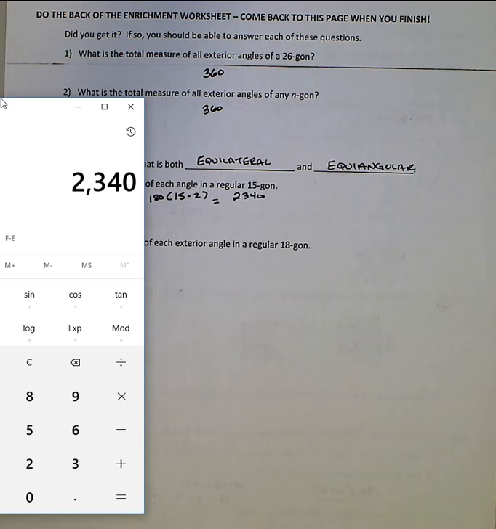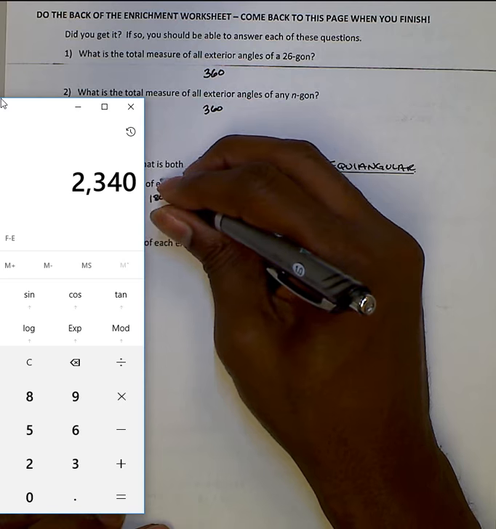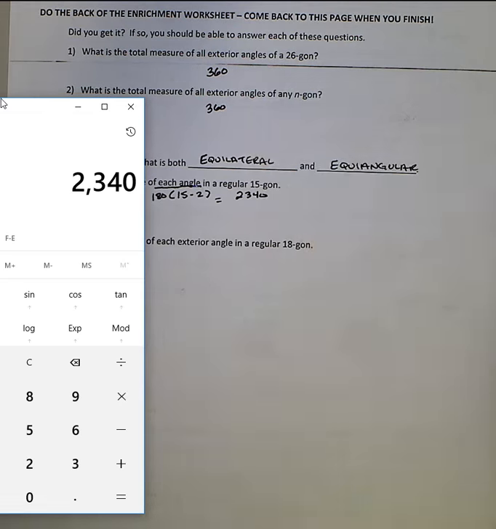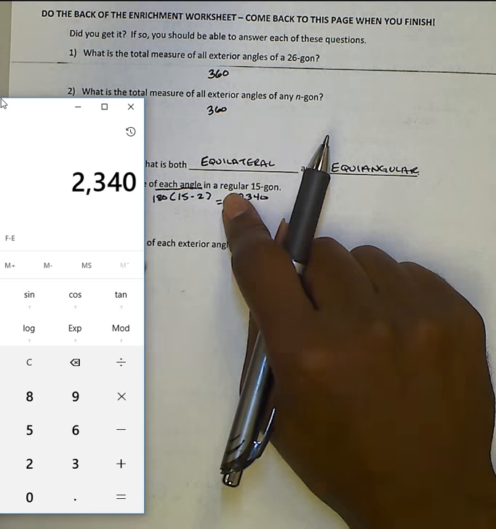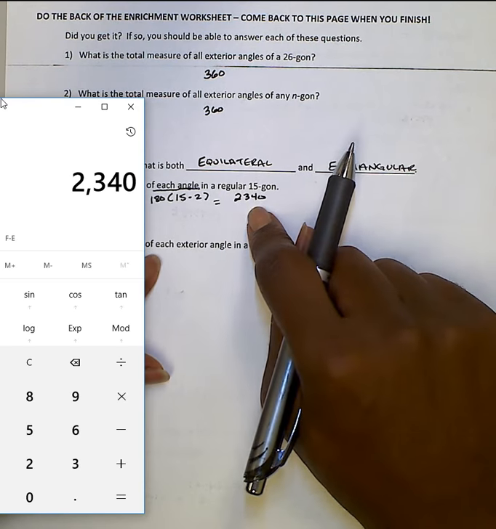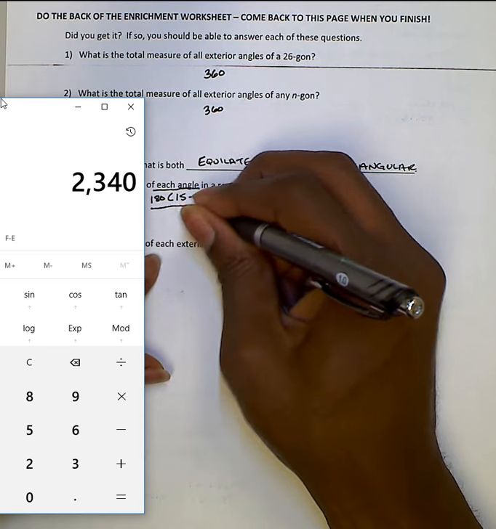But this question says the measure of each angle. That means we don't want to know the total, we want to know what every single one is. Because it's regular, all of them are going to be the same. So I have this many degrees spread across 15 angles, so I'm going to divide this number by 15.